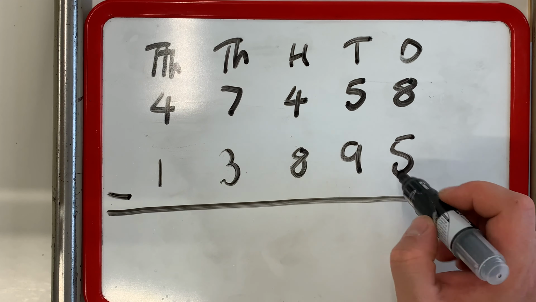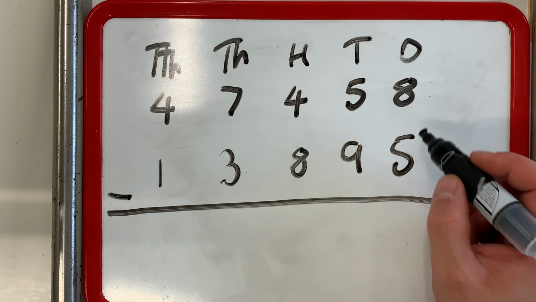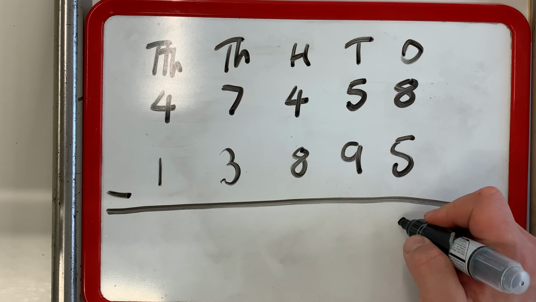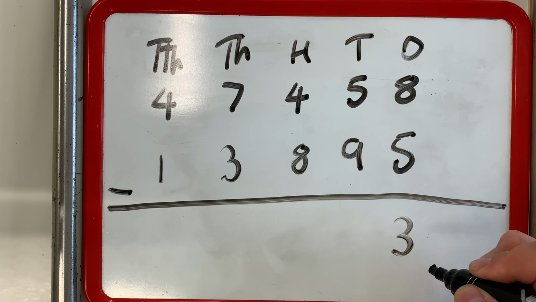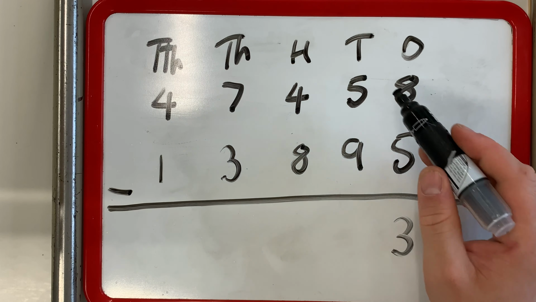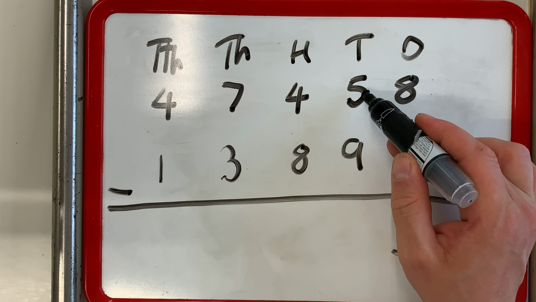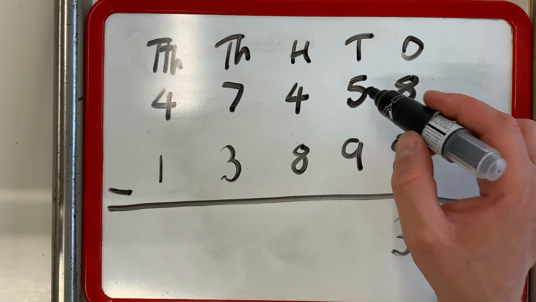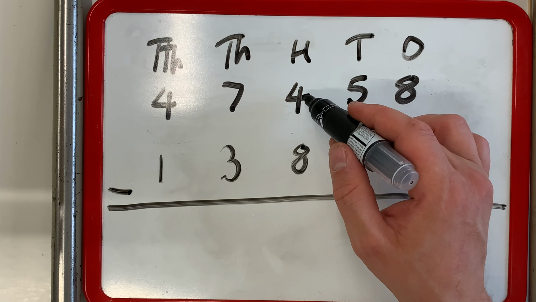Okay, so in this first one, we've got 8, but we need to take 5 from it. So that starts off, and then we have 3 left over. In our tens column, we've got 5, but we need to take 9 from it. So in this, we need to borrow 1 from this column here.